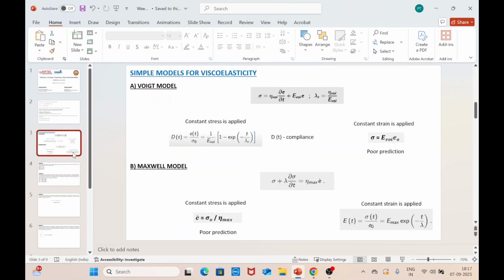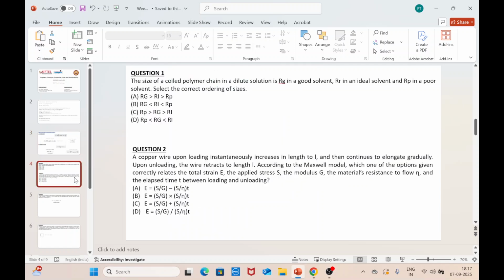However, in case you have any doubts, then please let me know before we progress any further. If you have no doubts, then please look at question number 1.